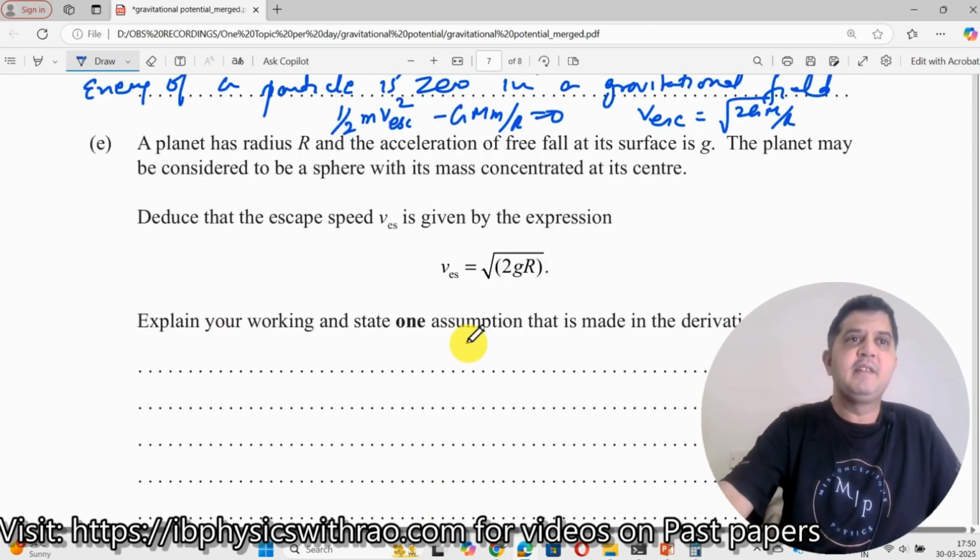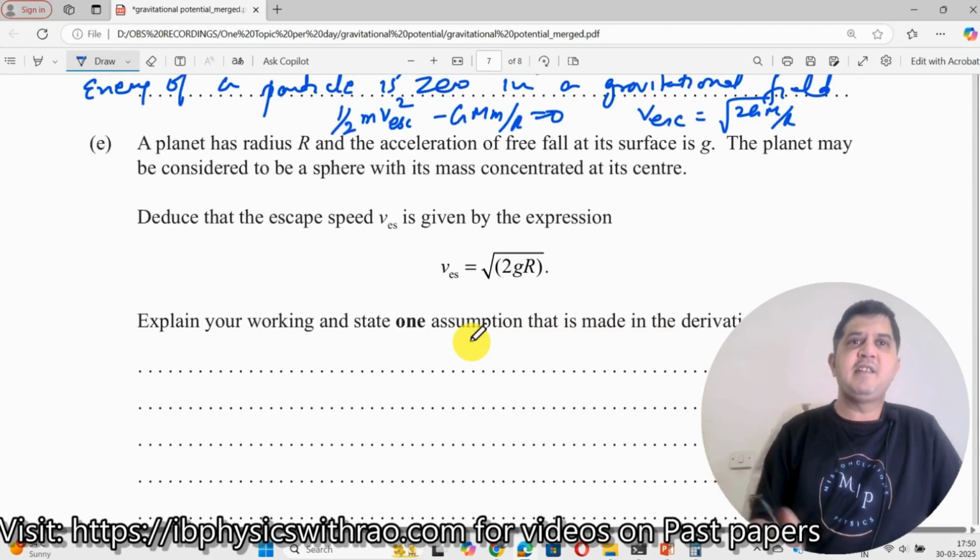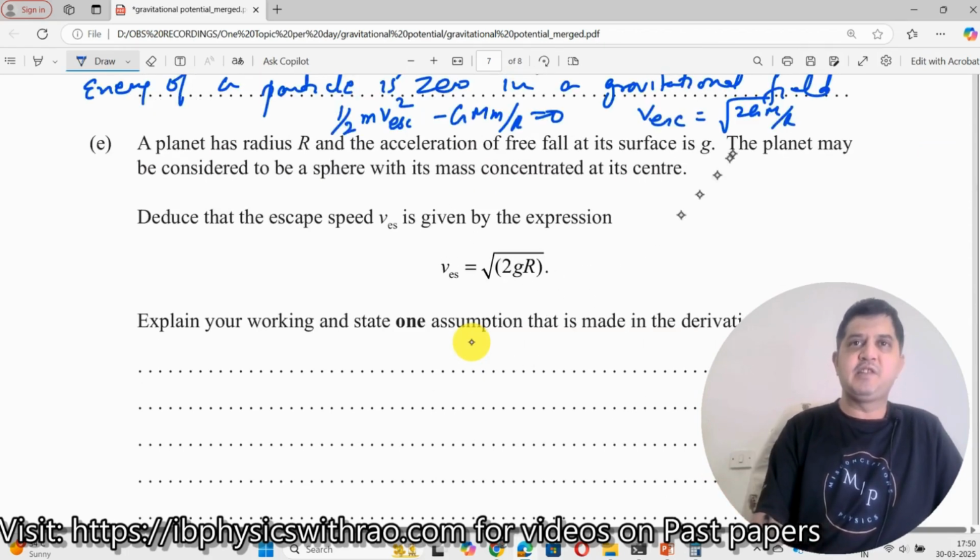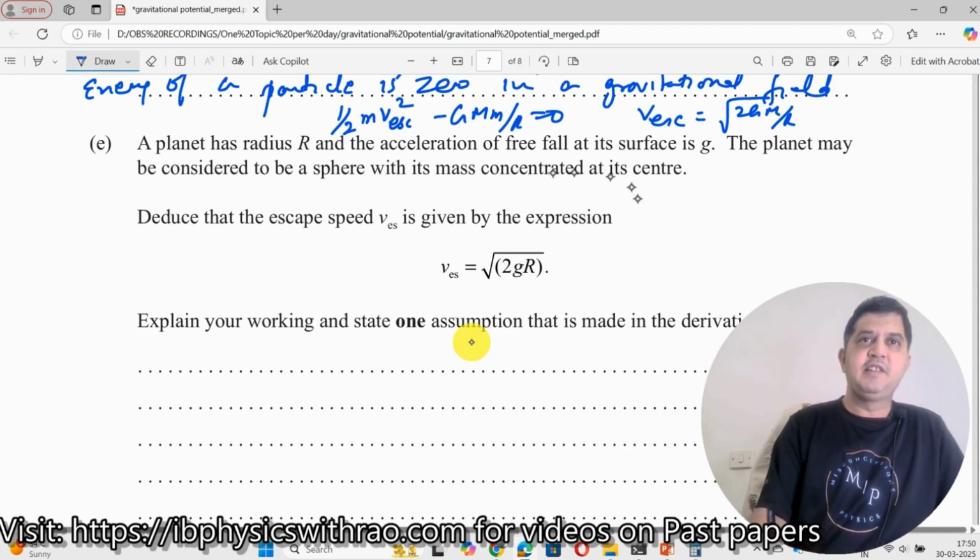Okay. Then a planet has a radius r. We have come back to this question over here. A planet may be considered to be a sphere with its mass concentrated at the center. Deduce the escape speed. Explain your working and state one assumption made in the derivation. What is the assumption?